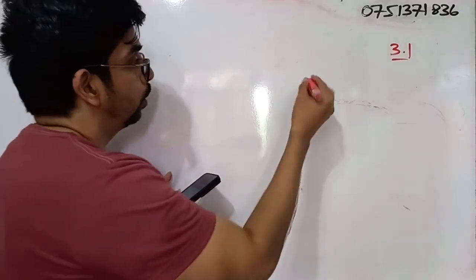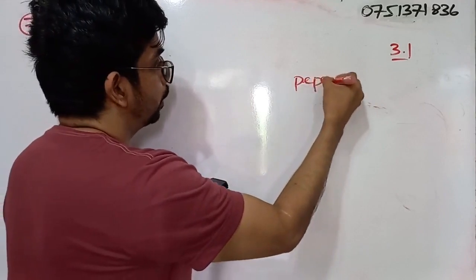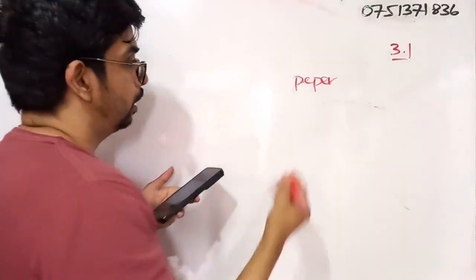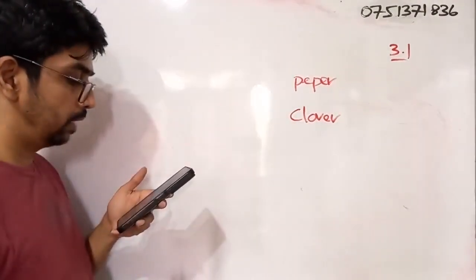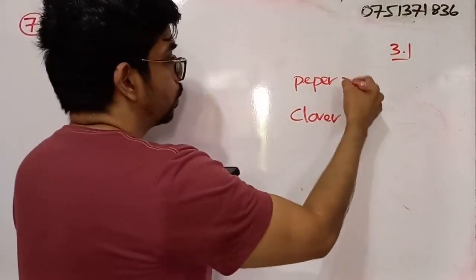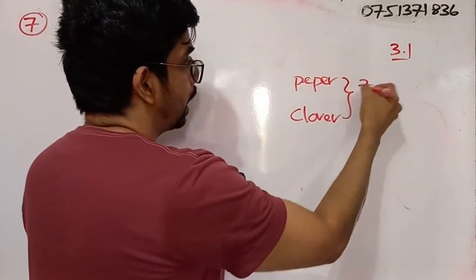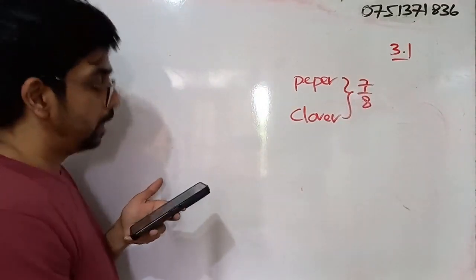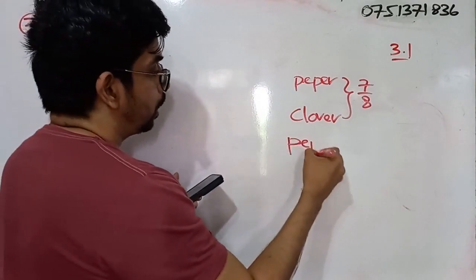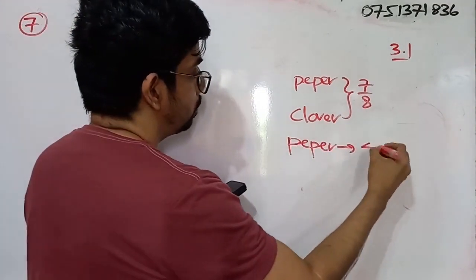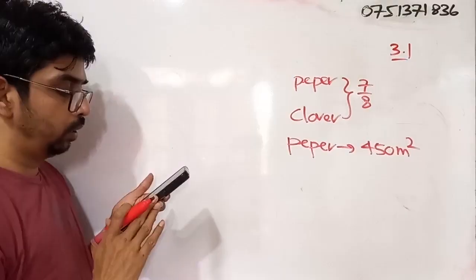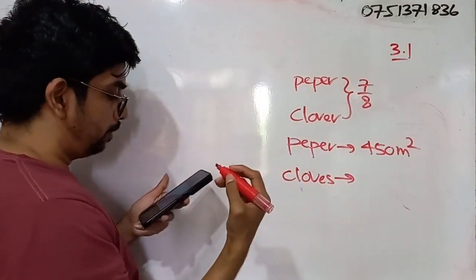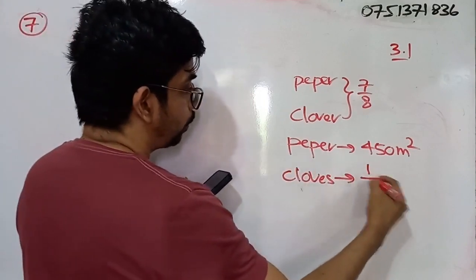Right. So I'm going to just put pepper here. Pepper and cloves were cultivated. So the total amount of land as a fraction is what? 7/8. And when we talk about black pepper, this has been cultivated on 450 square meters of land. Cloves has been cultivated in 1/4 of the land.